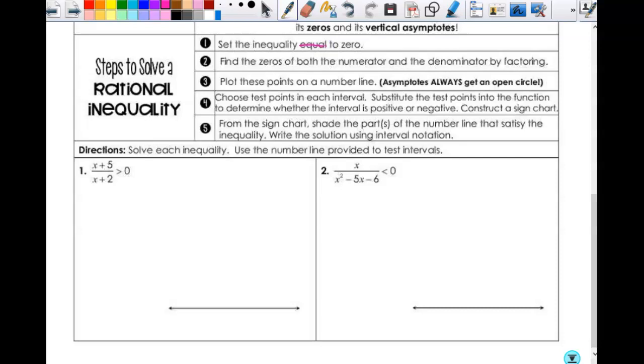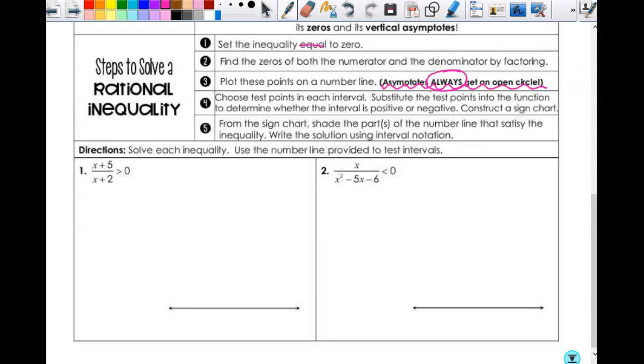Then we plot all the points on the number line. Asymptotes always get an open circle. Always. The open and closed circles for the others are based on whether or not we're including the 0, but we never get to include those vertical asymptotes. Okay? All right.